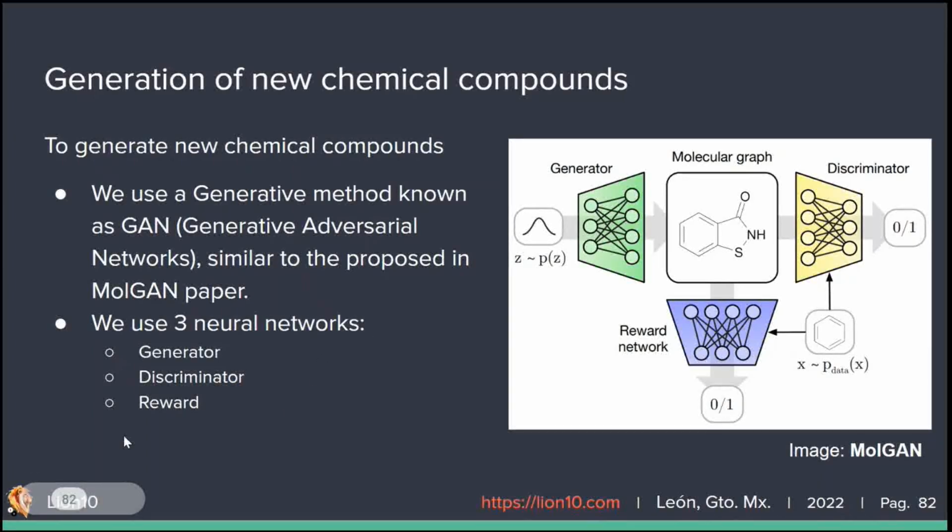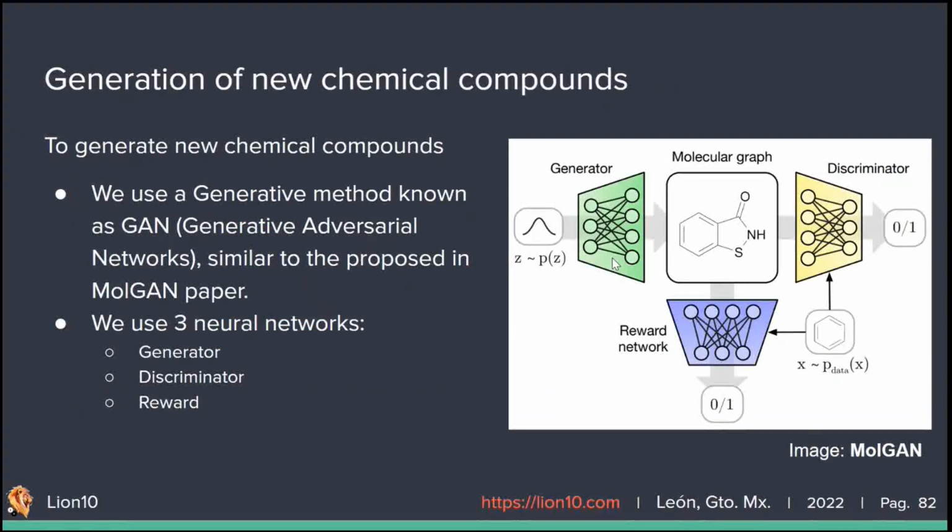And there's also going to be a third component here, a third network. This third network is going to help the generation process. It's going to guide the generation process to converge on or generate models that are optimized for certain properties.